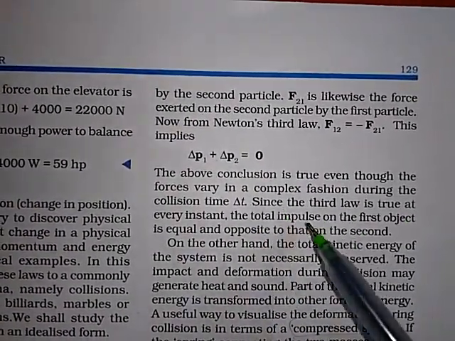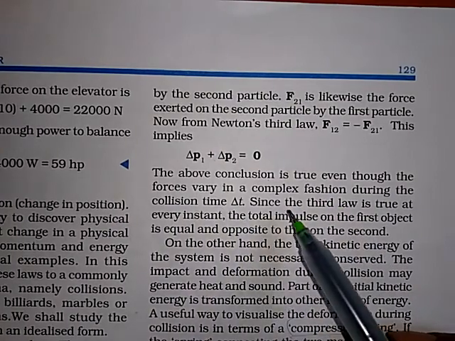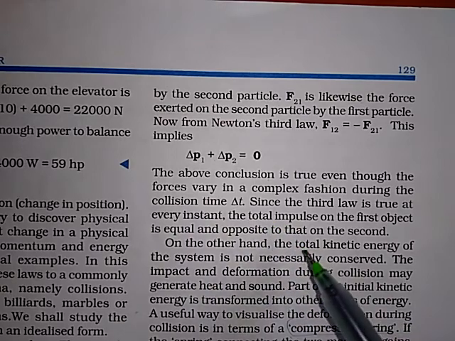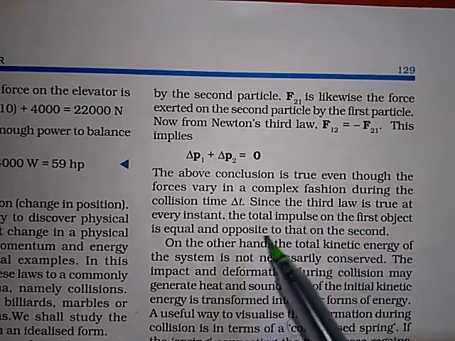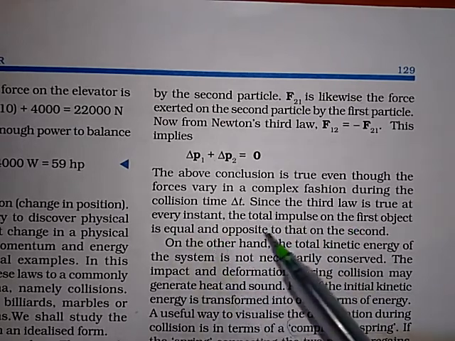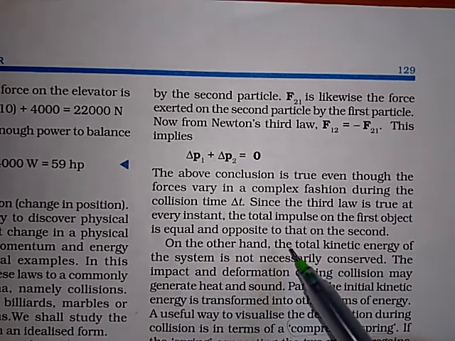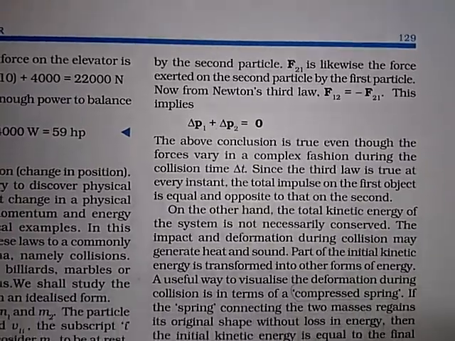The above conclusion is true even though the forces vary in a complex fashion during the collision time delta t. Since the third law is true at every instant, the total impulse on the first object is equal and opposite to that of the second.